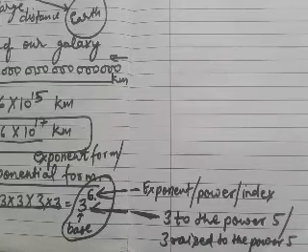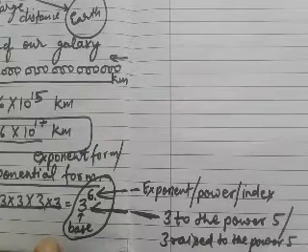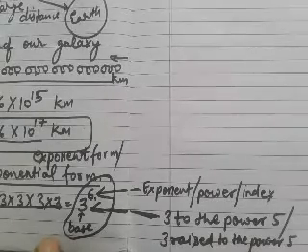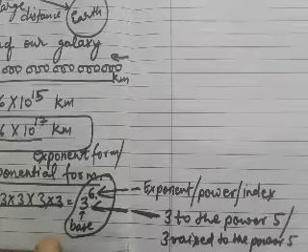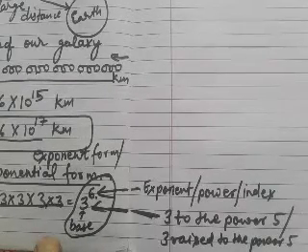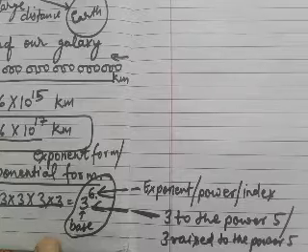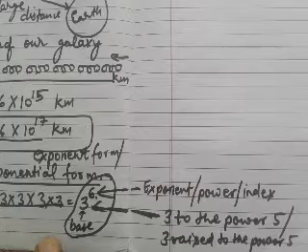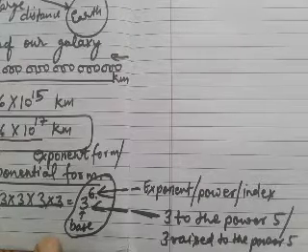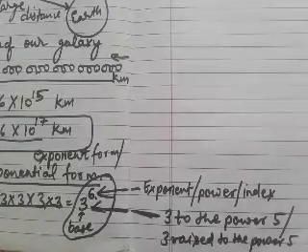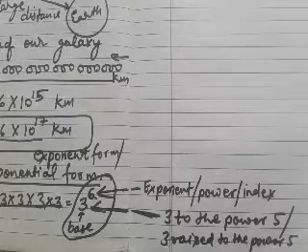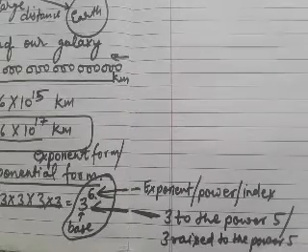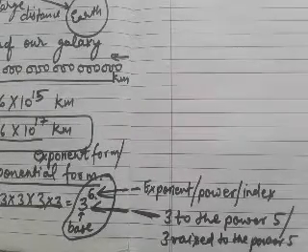Exponential form is used to represent a large number in short form, and we can read a large number easily and in a more understandable way.